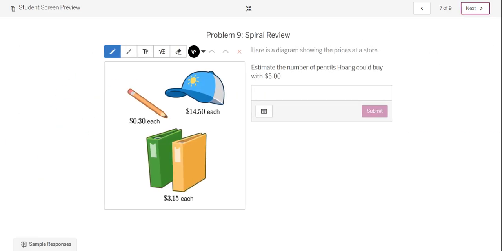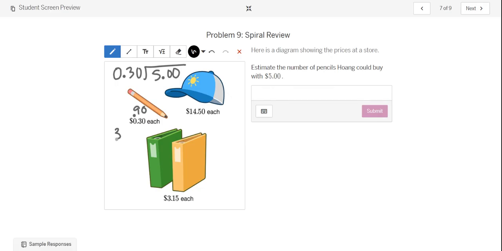Oh wait, estimate the number of pencils you could buy with $5. Okay, we've got a division problem here, but it's an estimation. Technically I would set it up like this, but that's going to be later in this chapter. But let's say I can get 3 for $1, 30 cents each, 3 would be 90 cents.